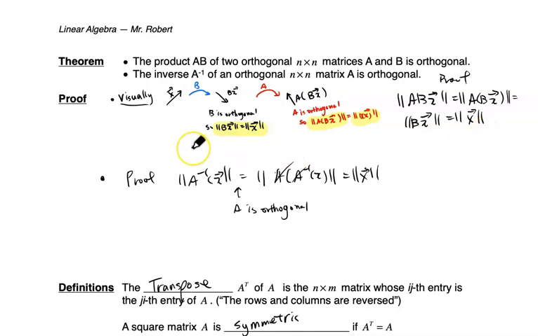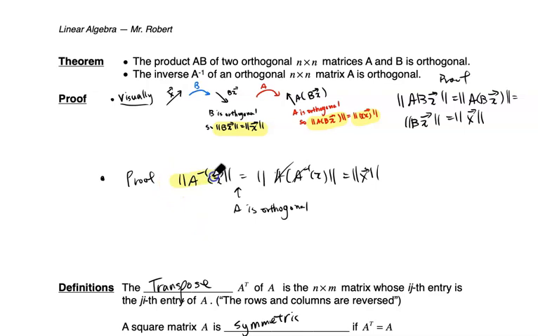Likewise, the inverse A inverse of an orthogonal matrix is orthogonal. We could also make a little visual sketch by just showing that it goes backwards. Of course, if this vector has the same length as that one, then that vector has the same length as this one. How do we prove it? It's a little bit more intricate than one would expect.